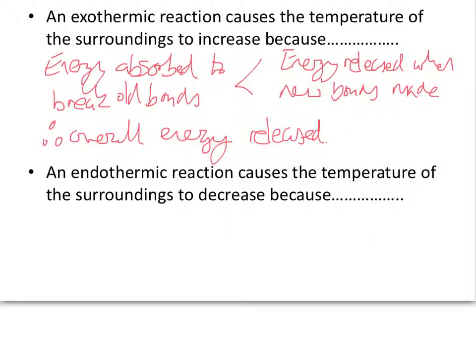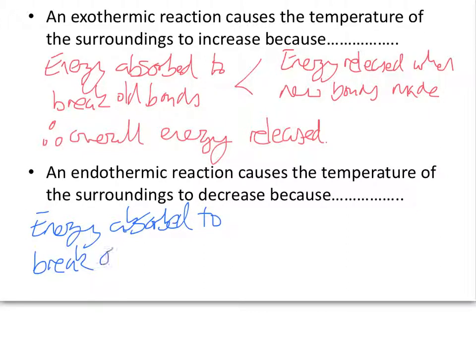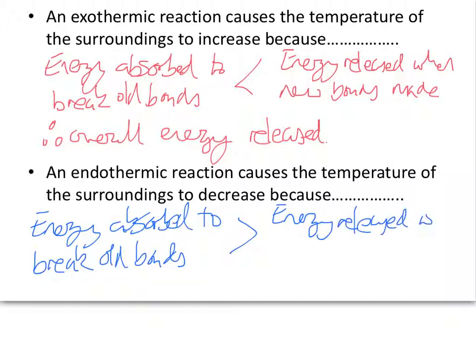The endothermic reaction causes the temperature of the surroundings to decrease because the energy absorbed to break old bonds is greater than the energy released when new bonds are made.